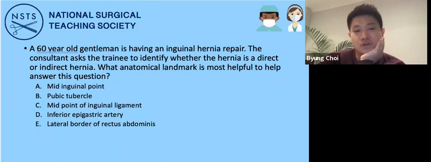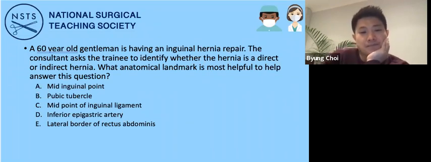Okay. So the answer to this question would be D, the inferior epigastric artery. And the main reason for that is because it also forms the boundary of Hesselbach's triangle, which I'm sure you are aware is a weak point in terms of the location of a direct inguinal hernia.